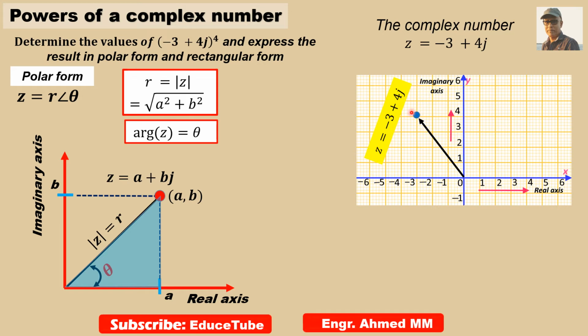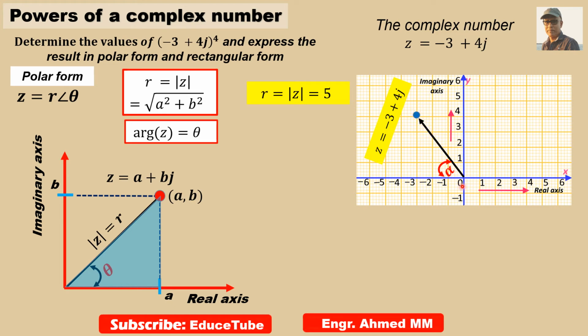And then here I am putting alpha, not theta. I am going to explain why alpha. First I need to find the modulus. So the modulus will be, by the same formula, the square root of 3 squared plus 4 squared, which gives 5. So we got the modulus, this distance from here to here.